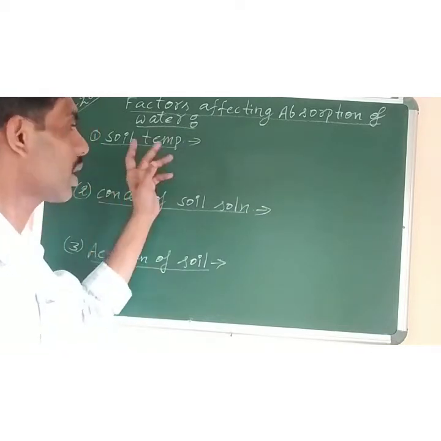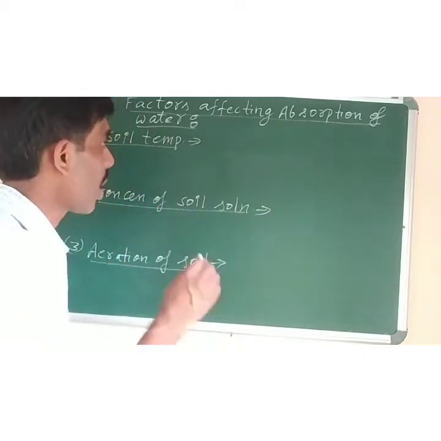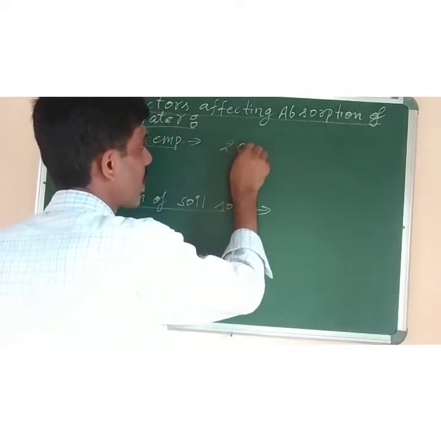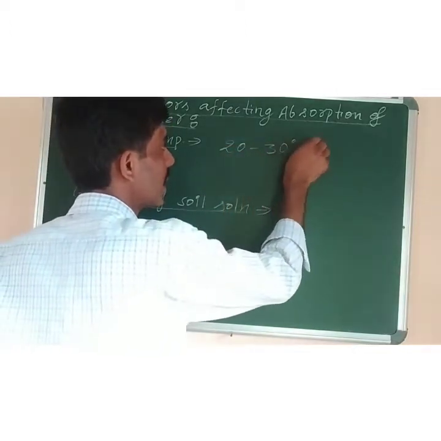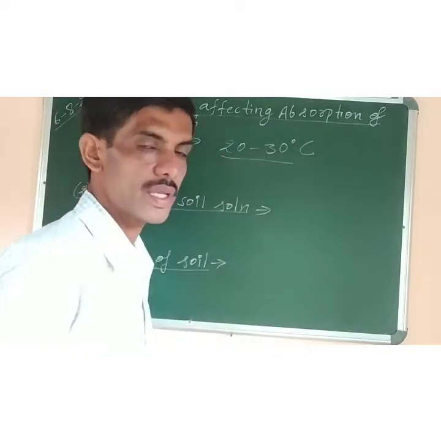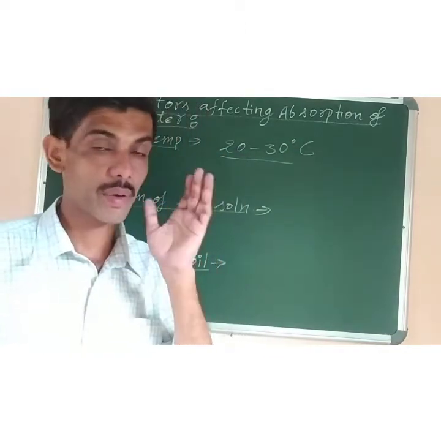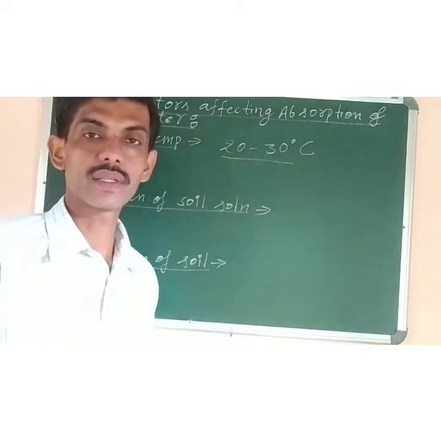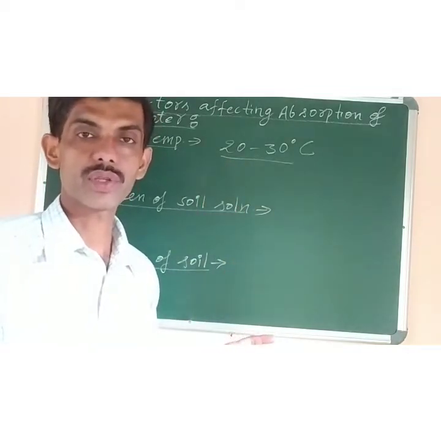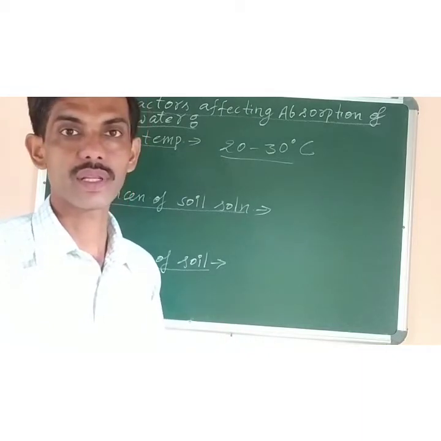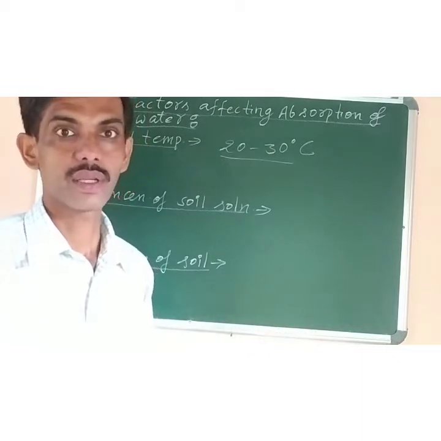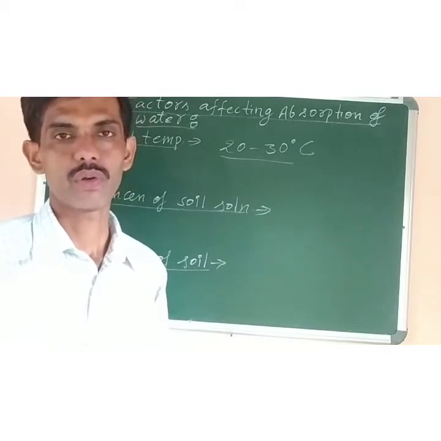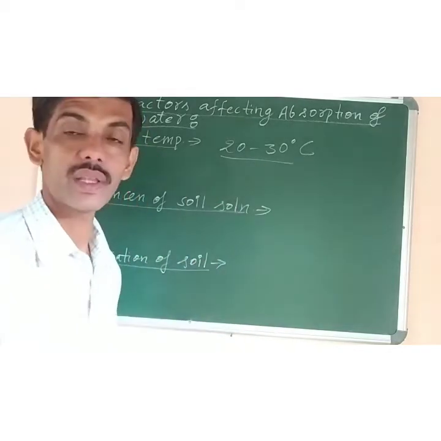Number one, soil temperature. The optimum, meaning suitable, temperature for the absorption of water is between 20 to 30 degrees C. This is best for the absorption of water and minerals from the soil. If there is an increase or decrease in temperature of the soil due to weather conditions, like if you are in a very cold place where the soil is covered with ice and snow, the temperature may be below 20 to 30.